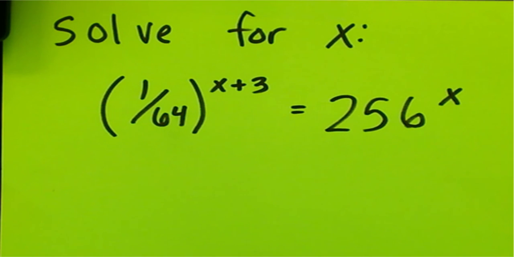That implies that negative 3x minus 9, distribute, equals 4x. Don't forget your 4, which gives you negative 9 equals 7x, so x equals negative 9/7. There you go.